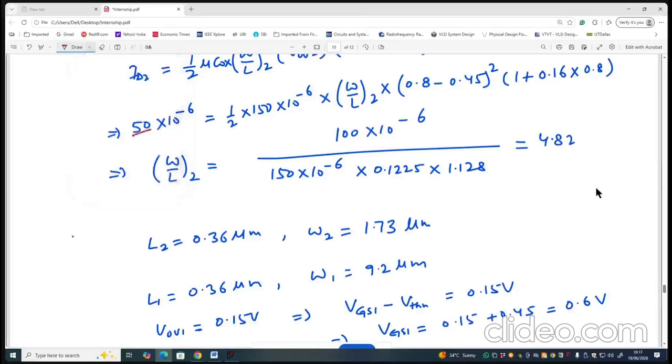Now this is 10 microampere only, so this will become 20 microampere, or you can say that this ratio will become 1/5, 1/5 हो जाएगा ये। देखिए ना, न्यूमरेटर जो है वो 1/5 हो गया ना, यस सर। बाकी चीजें तो सेम है ना, ओवरड्राइव वोल्टेज एवरीथिंग इज सेम। So this will also become 1/5, means W upon L2 will become 0.96.